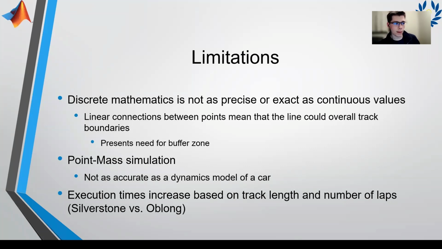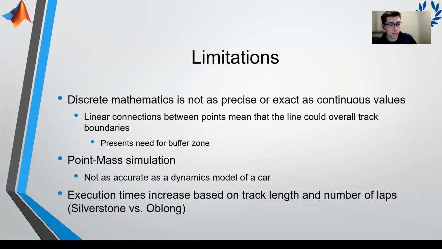Okay, and now that we are back from our live demonstration, I do want to touch a little bit on some of the limitations of the model. A big issue is that we're not looking at continuous math. We're looking at discrete mathematics, which is each point as itself. So it's not necessarily as precise or exact as a continuous model, which has every point on the track rather than only a set number of points on the track.